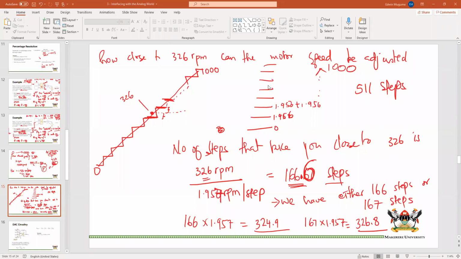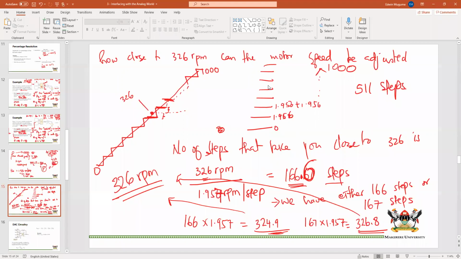Right. So in these steps, now our reference is 326 revolutions per minute. Which of these two values is closest to that value? It is this one, I think, 326.8, which is 0.8 above. This one is actually 1.1 below. I just did the two steps to show you how it looks.